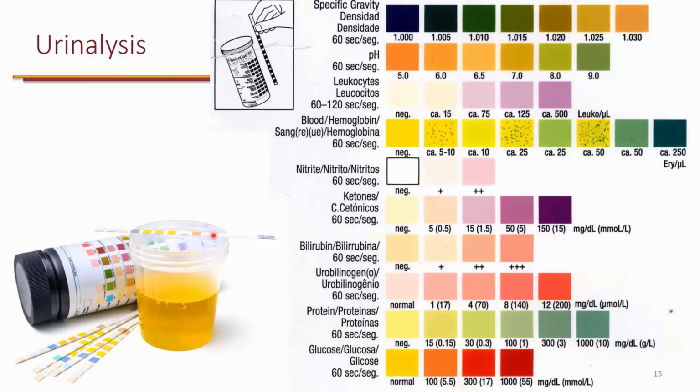There's a section on the strip for nitrite, and they just see how the color changed, and they will tell you if it's negative, or kind of positive, and then definitely positive. And you can do this for other things. For example, if they wanted to see if there's glucose present, if it's yellow for this particular test, they would say it's normal, and so on.